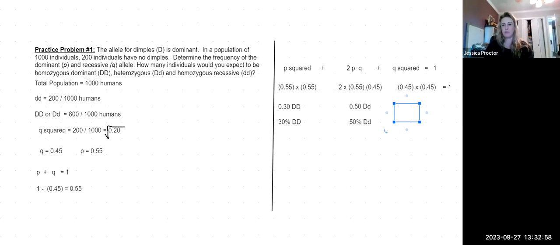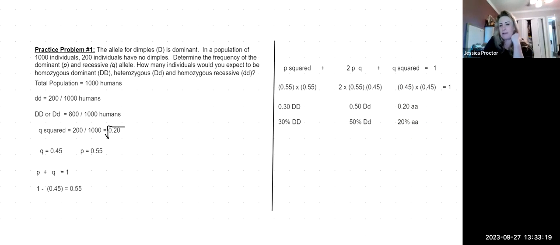Excellent, Carla. 0.20. Excellent, Francisco. So we know that 0.20, that's the frequency, or 20% of our population is homozygous recessive for dimples. Now 30% plus 50% plus 20% gets us back to 100. So we know we did it correctly.